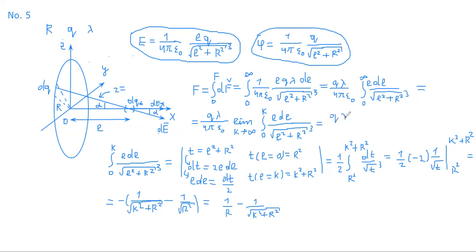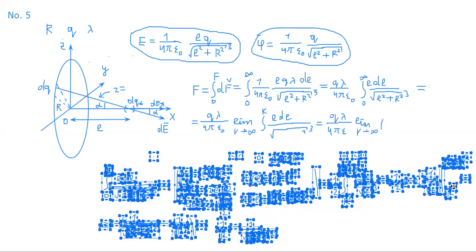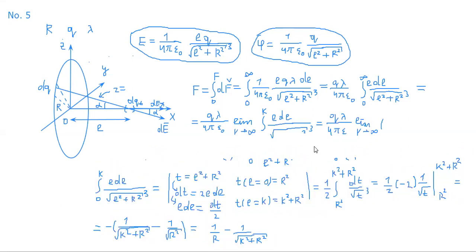So we have q λ divided by 4π ε0, limit k to infinity. Let's return here.